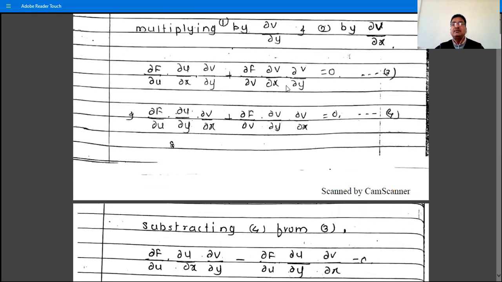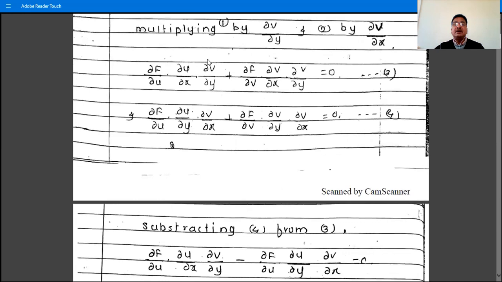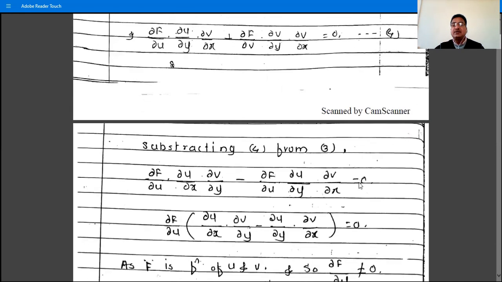Both of these terms are the same, so their subtraction is 0, and we have this term minus this term equal to 0.